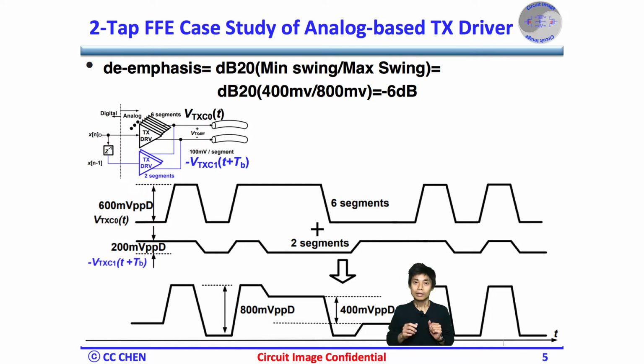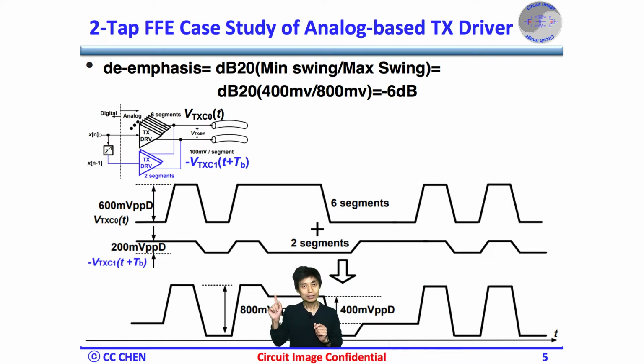Therefore, for a consecutive ones or zeros long-run pattern, the swing would be 400 mV due to the opposite polarity. For a transition, the polarity would be the same due to the 1 UI delay. Therefore, the swing will be a maximum of 800 mV at the data transition.